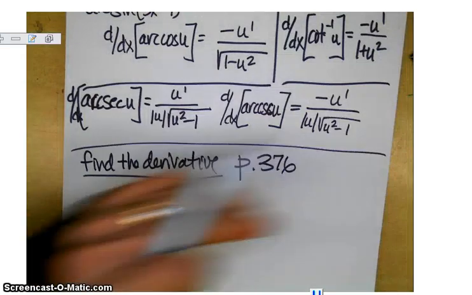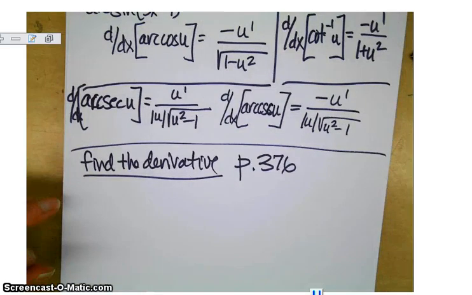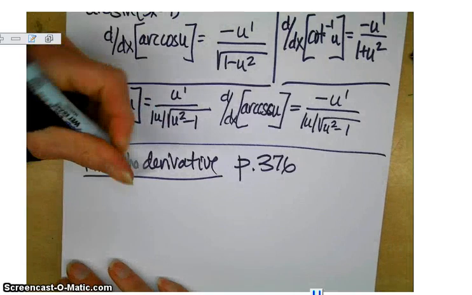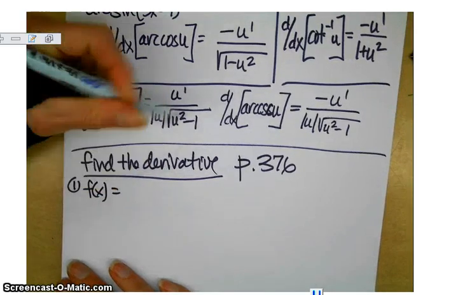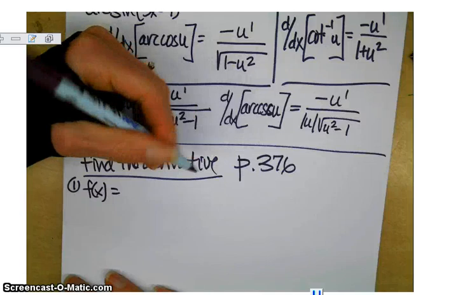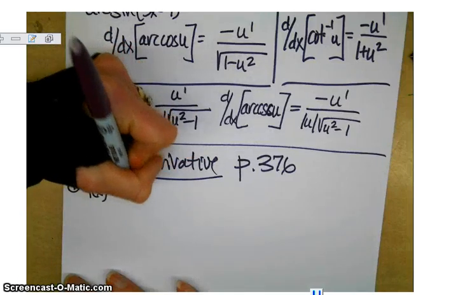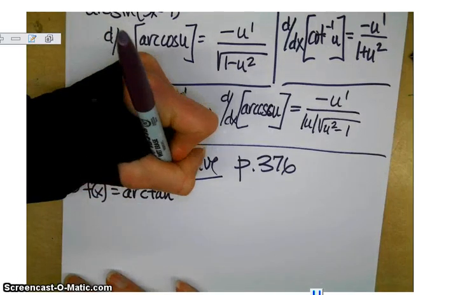So let's say we want to find the derivative of f of x equals the arctangent of the square root of x.